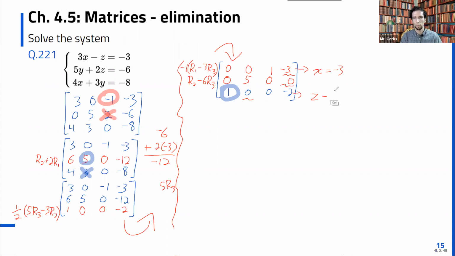Sorry, I'm used to thinking that the first row is giving us our first result. It is not. Sorry, this first row is actually giving us our z value because this is the z column. So 0 times x, 0 times y, 1 times z is -3.